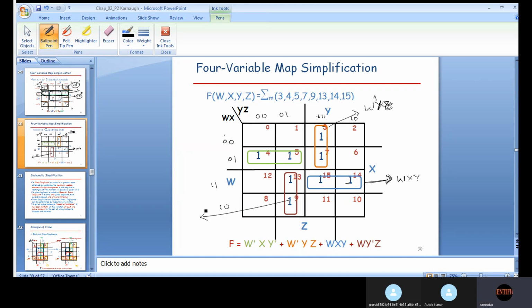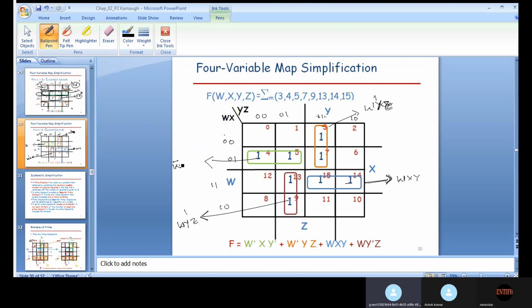So what is the relevant product for this one? What is the product term for this group? So which is common here? W y bar z. Y bar z. Okay. So tell me.